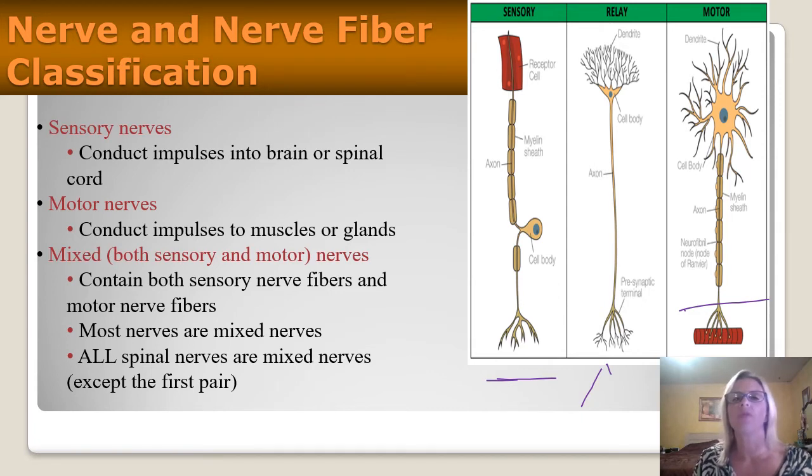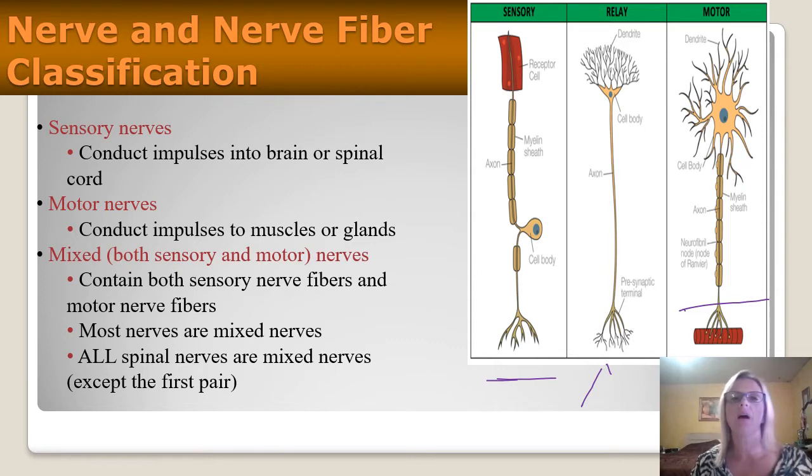Motor nerves have only motor fibers and conduct impulses to muscles or glands. All right, so they tend to have short dendrites and long axons. So their structure is basically based on what it needs to be in order for their function to work right.